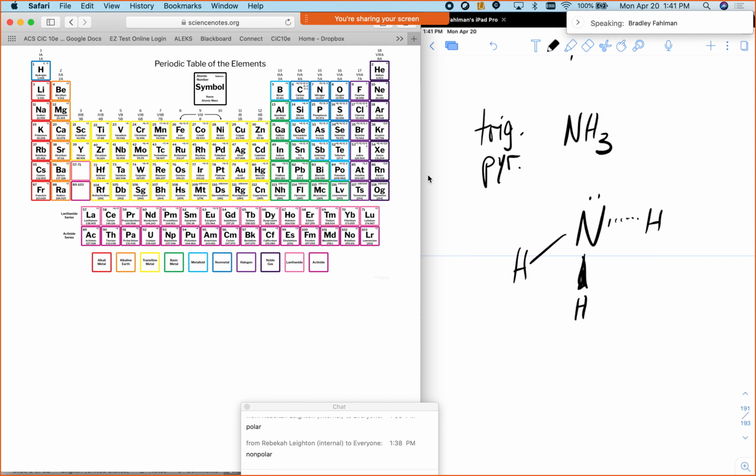Now how are we going to draw those dipoles? They're going to point toward the more electronegative atom, which is nitrogen here. It's closer to fluorine. So we can draw them as this, that, and that.